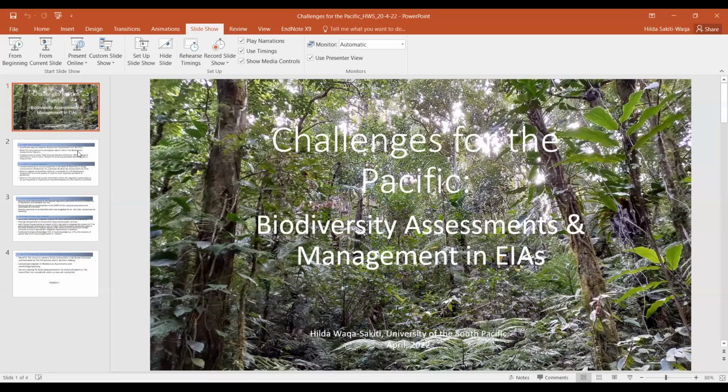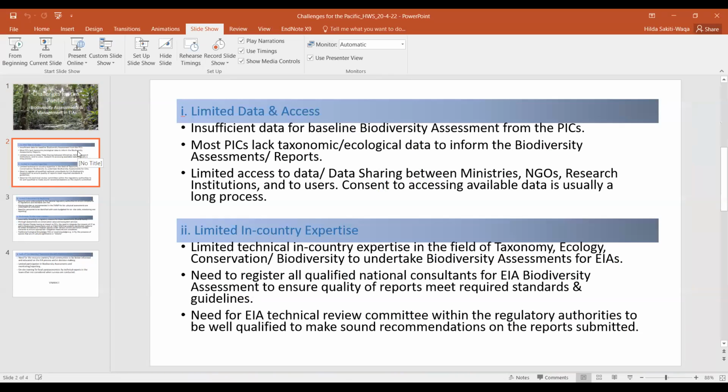So the challenges have been categorized into 5 major themes. And the first is due to limited data and limited access to biological data from the Pacific Island countries. There's insufficient data for baseline biodiversity assessments from Pacific Island countries.